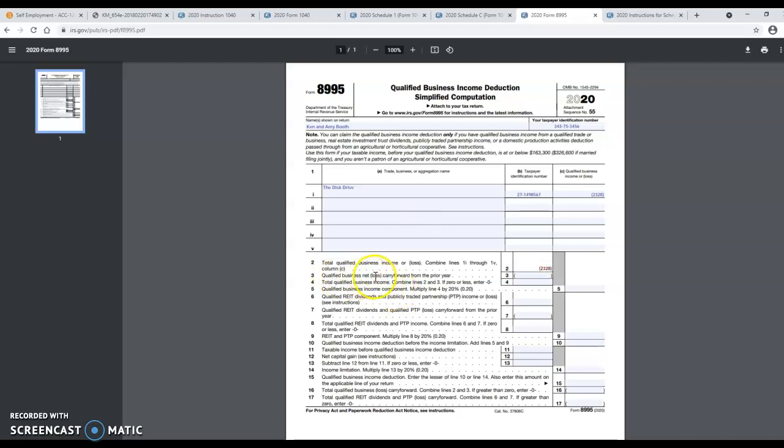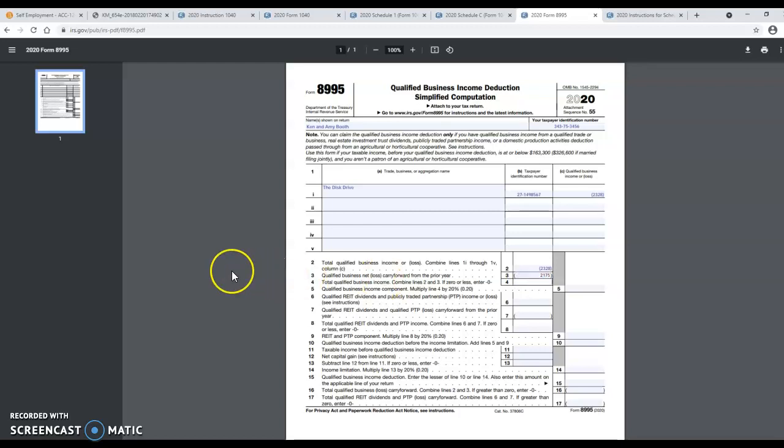Then it says qualified business net loss carry forward from the prior year. So we had a net operating loss from the prior year of 2175. So the total qualified business income is combining 2 and 3. So if 0 or less, enter 0.